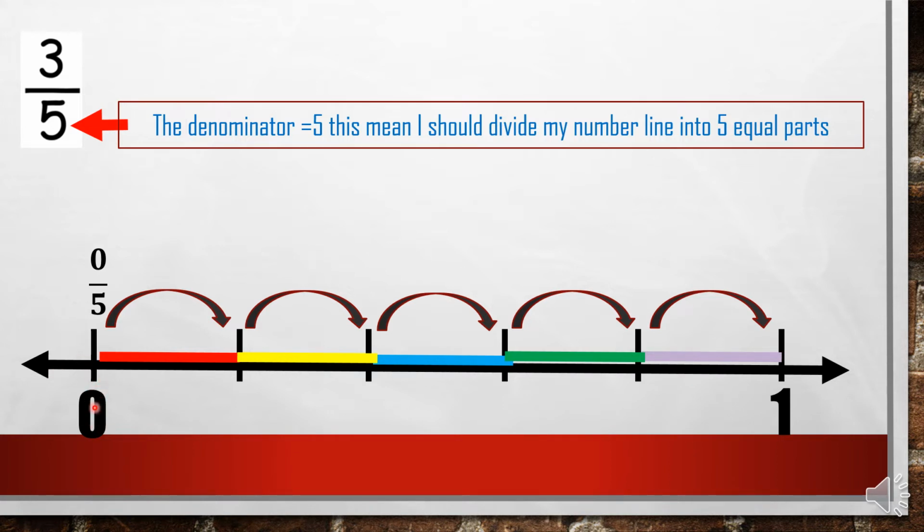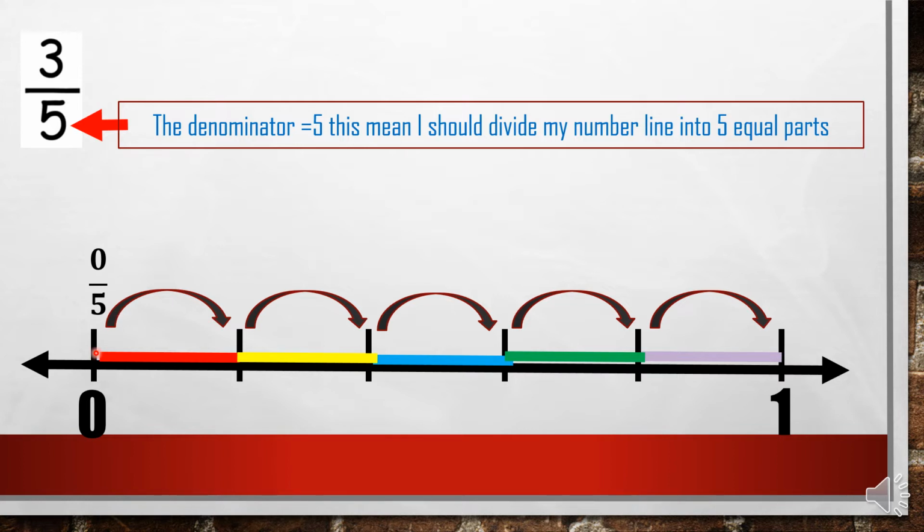Here I have 0 and I am not moving yet. So this point will be 0 out of 5. Why? Because I am still at the beginning point, not moving any steps yet. So the fraction here will be 0 out of 5.